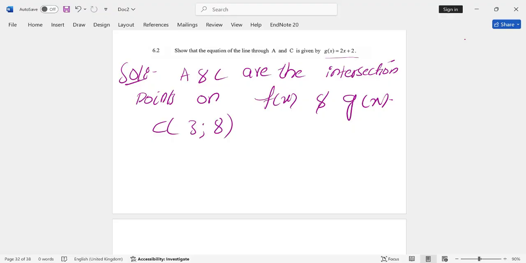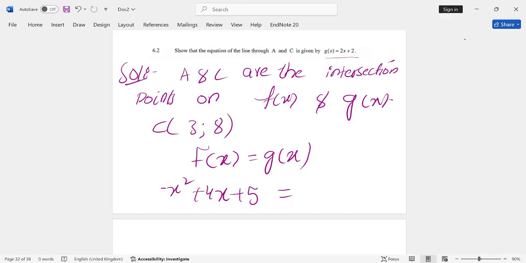So we set f of x equal to g of x. What is the equation of f of x? We have minus x squared plus 4x plus 5, that is equal to 2x plus 2.